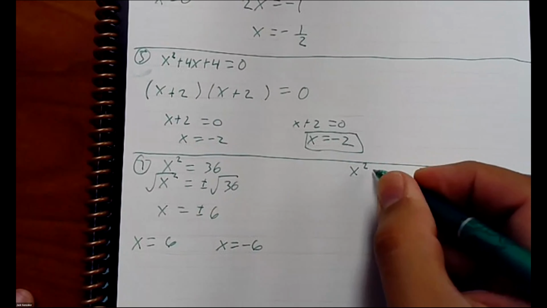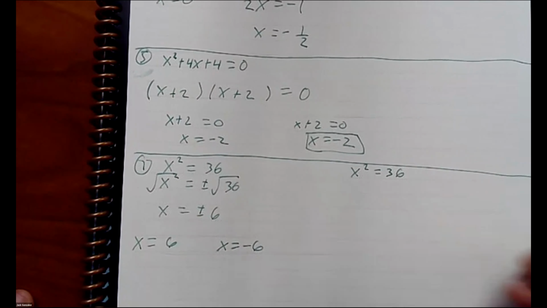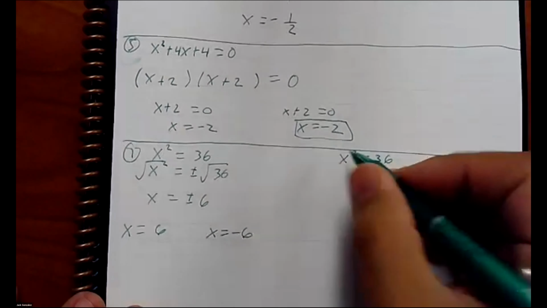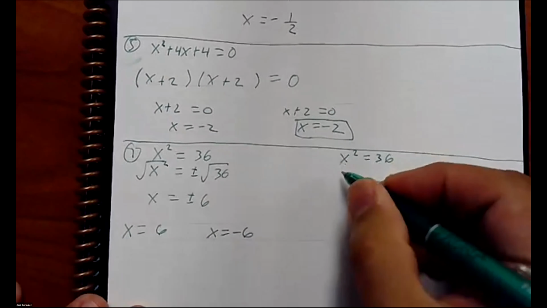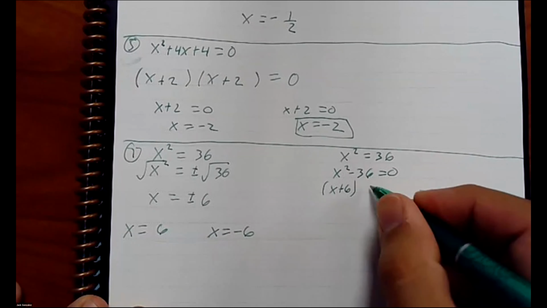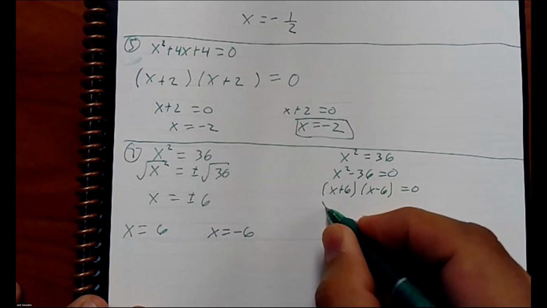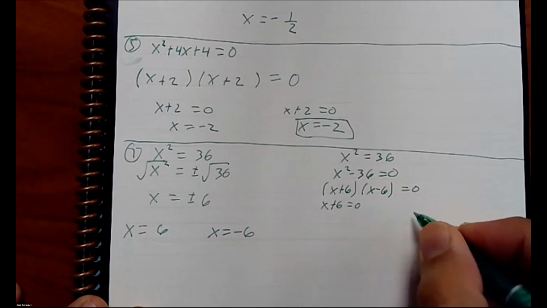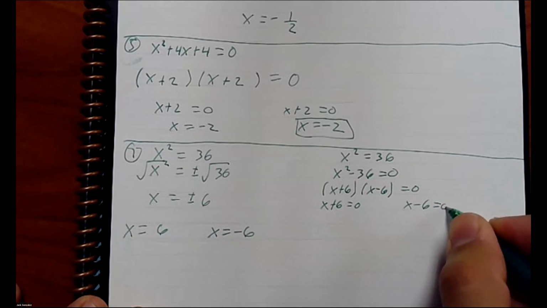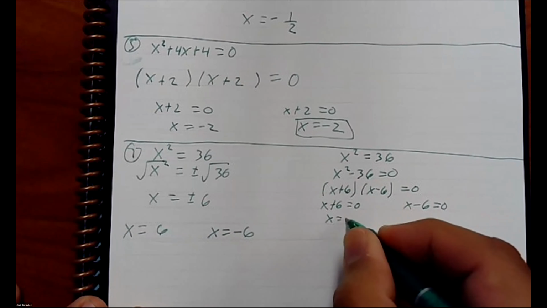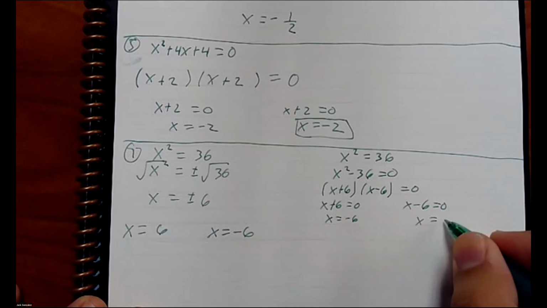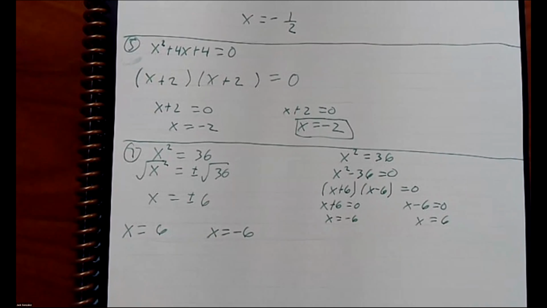Now if I were to set it to 0 like we've been saying, subtract it over, factor, and then solve. See how it's the same deal?